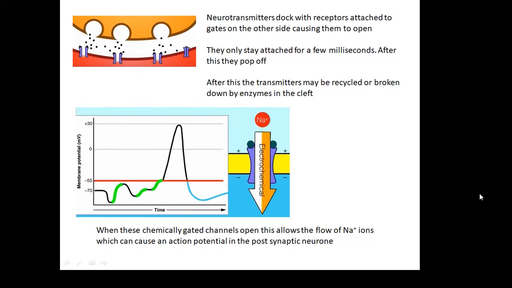When these chemically gated channels open, this allows the flow of sodium ions, which causes an action potential in the postsynaptic neuron. So learn that sequence of events. Go through the video several times, make some notes, learn that sequence of events.